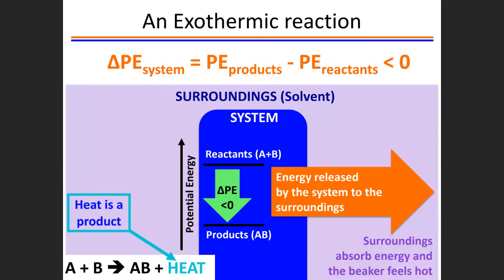And in the case of an exothermic reaction, since the system releases energy in the form of heat to the surroundings, del PE will be less than 0, and this is negative.